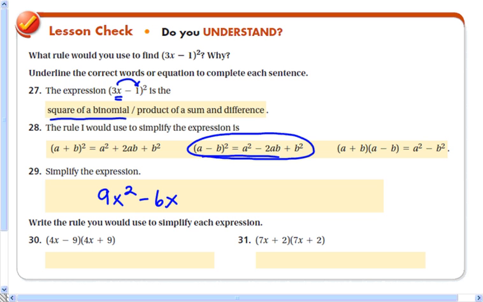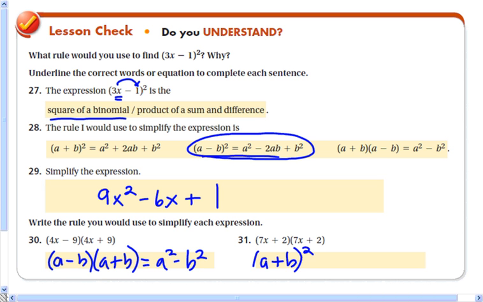Then I would just do negative 1 times negative 1, which is positive 1. The rule I would use for this is a minus b times a plus b is equal to a squared minus b squared. The rule I would use for this is a plus b squared is equal to a squared plus 2ab plus b squared.